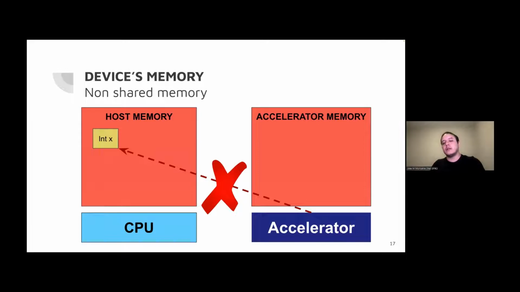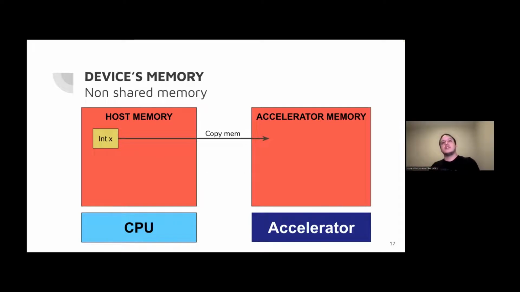The accelerator code will actually fail, and you will get the typical segmentation fault that we all love when we program code, right? So what we have to do is manually perform a copy memory operation such that we can create the x variable in the accelerator's memory, and then later on we can access that memory from the accelerator.